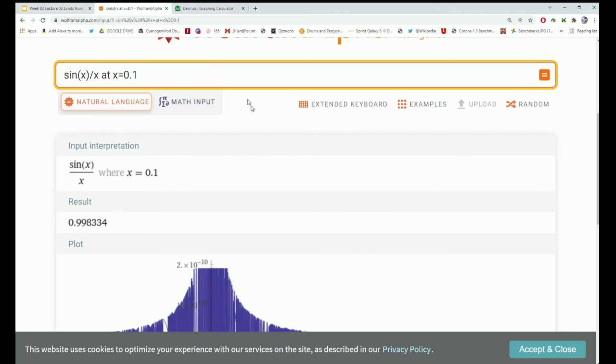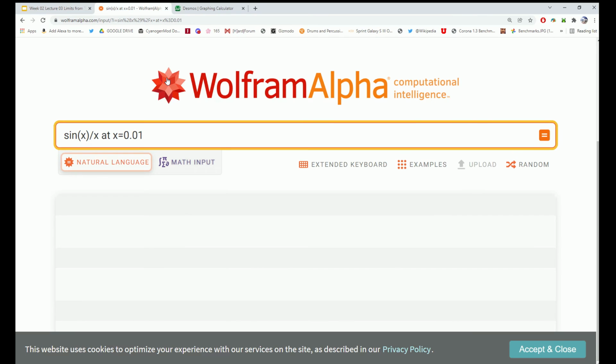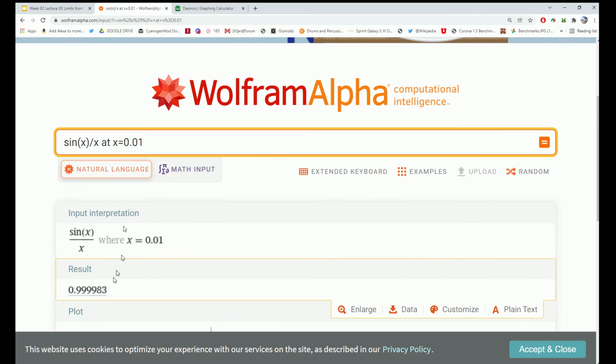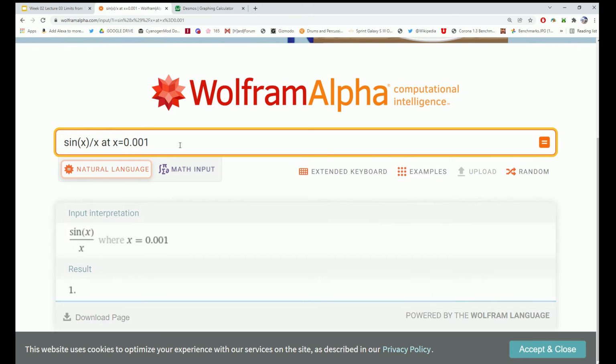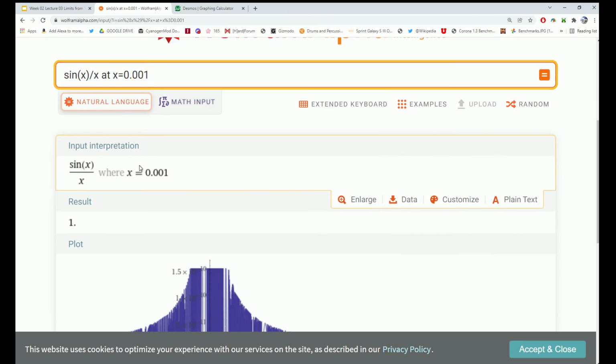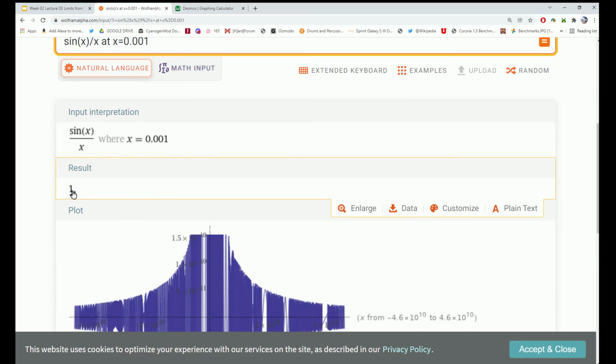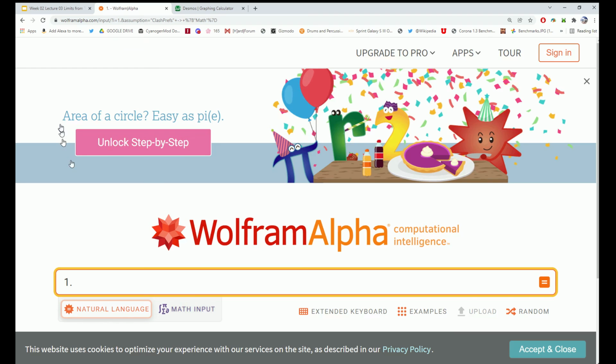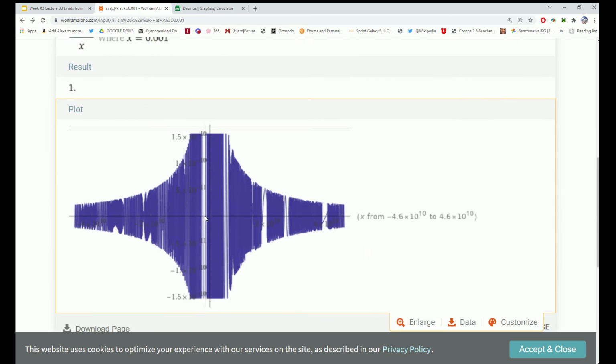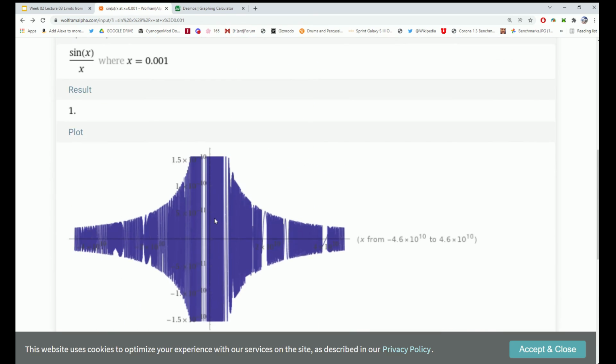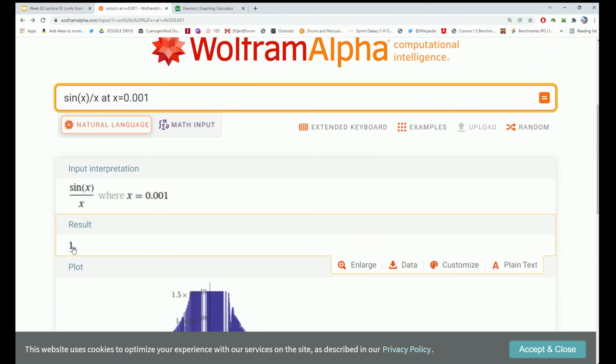If you do that, you'll see sine x over x at 0.01 is 0.999983. You could probably already guess that this is going to 1. If you put in another 0 here, Wolfram Alpha says 1. But this is not actually 1. It's just that it's really, really close to 1, and so the computer is telling you the answer is 1.